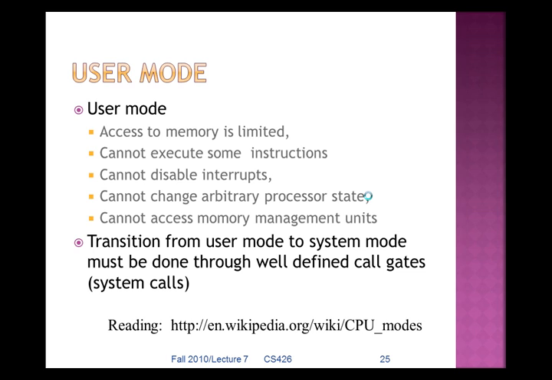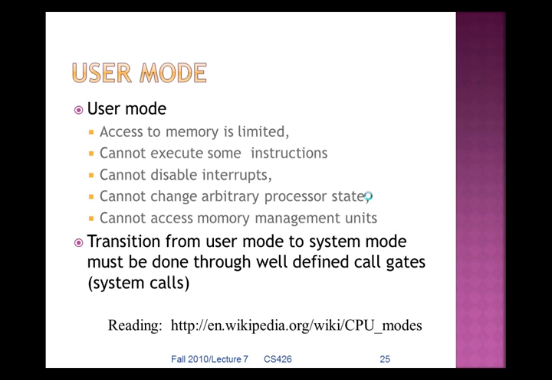Suppose I am a simple user or a layman user. I don't have the authority to execute database operations. So I am not able to execute some instructions that are available only for the administrator. The user mode cannot execute some instructions that have a large number of computations.